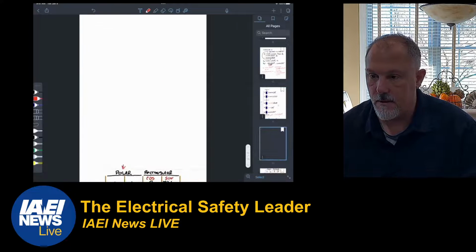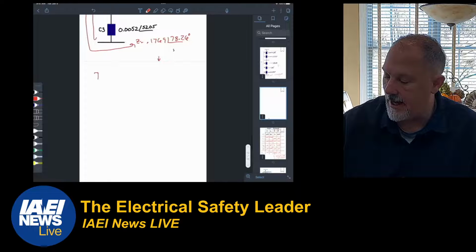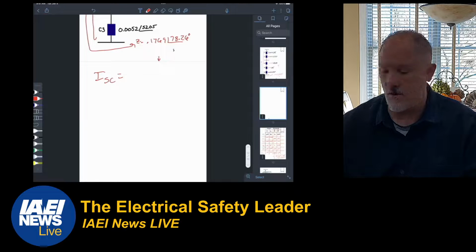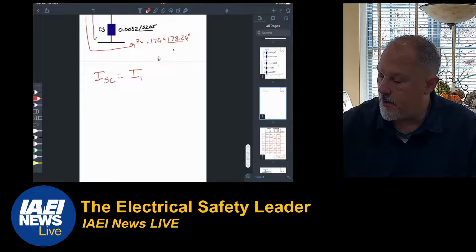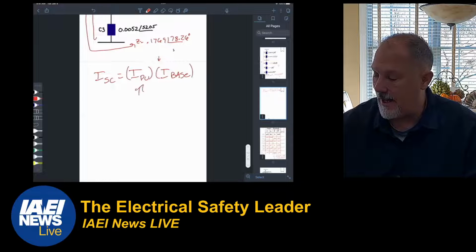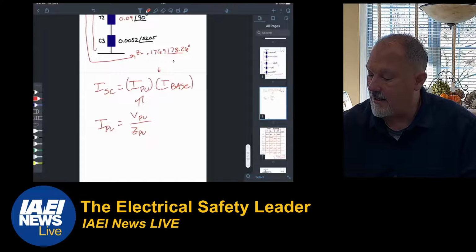Add page. We are ready to calculate I short circuit, which is equal to I per unit times I base. Now, what is I per unit? I per unit is equal to V per unit divided by Z per unit. We just calculated Z per unit.